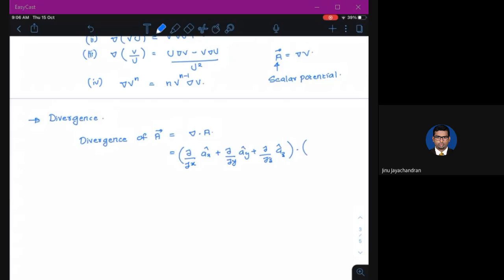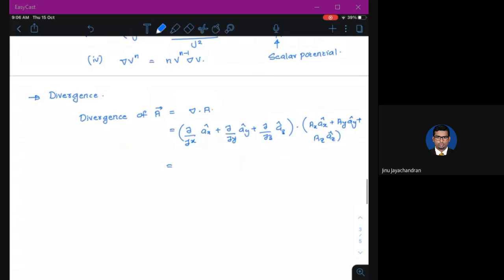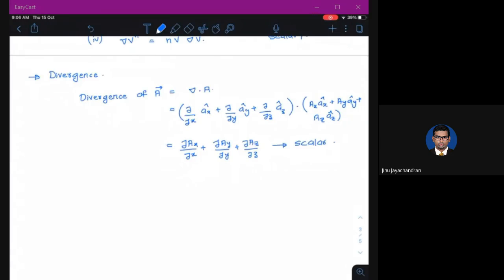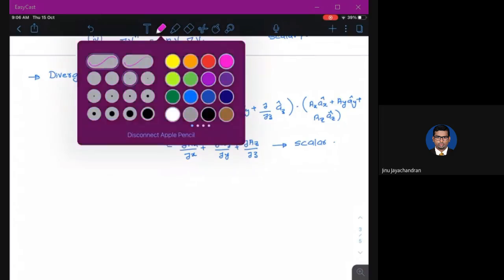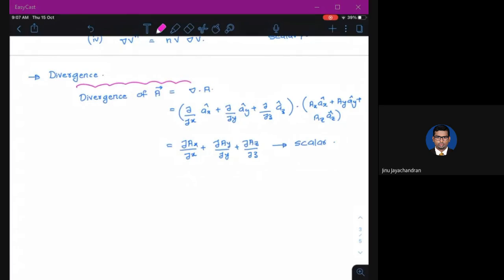You do a dot product with Ax ax cap plus Ay ay cap plus Az az cap. So when you do the dot product, you see that this is equal to dou Ax by dou x plus dou Ay by dou y plus dou Az by dou z, which is a scalar, because the output of a dot product is always a scalar. So divergence of A is equal to del dot A.